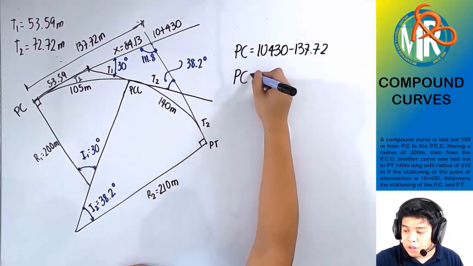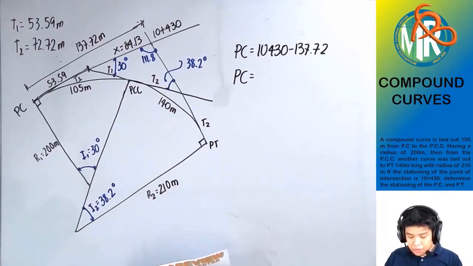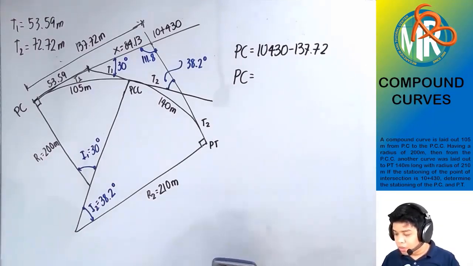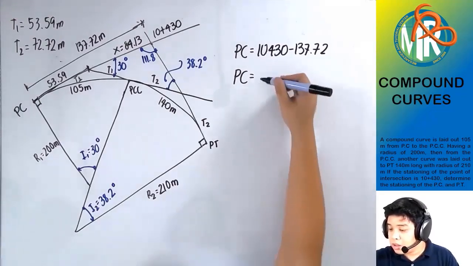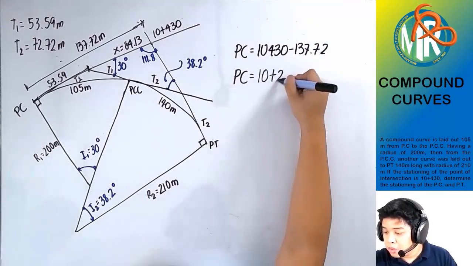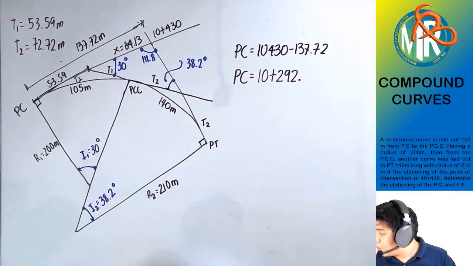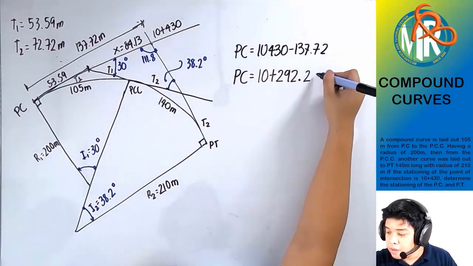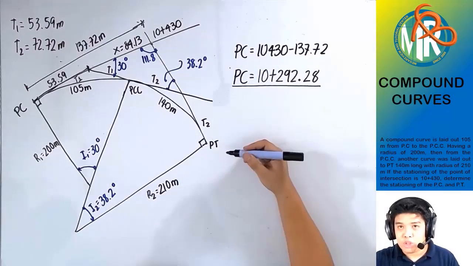So therefore, the stationing of PC is simply 10,040 minus 137.72. The answer is 10,292.28. Ibig sabihin, ang sagot dyan is 10 plus 292.28. So that is now the stationing of PC.